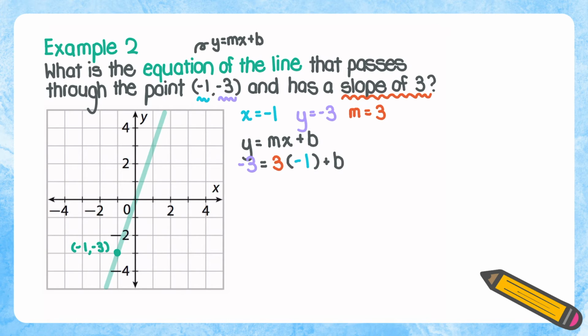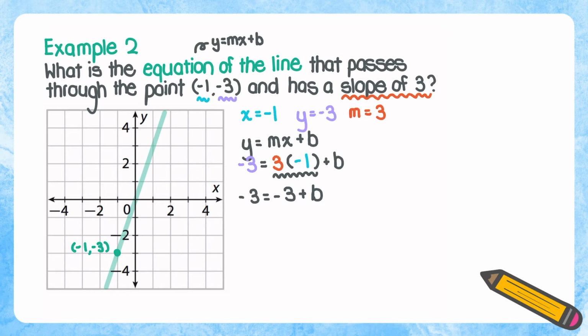I want to simplify this, so we're going to multiply first. We're going to multiply this 3 times -1. That equals -3. So I have -3 = -3 + b.